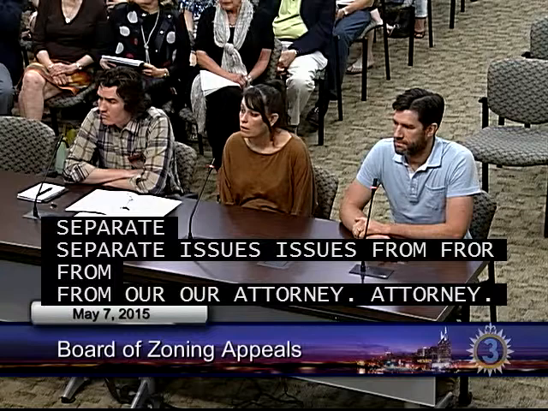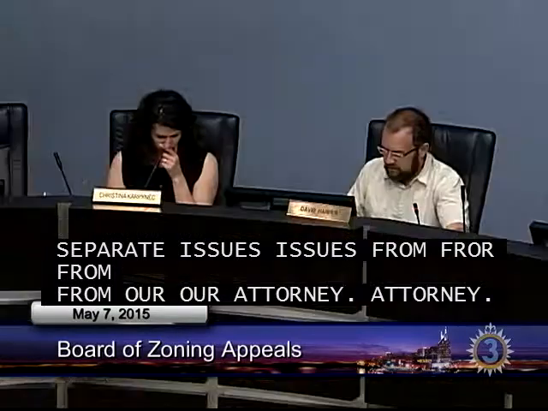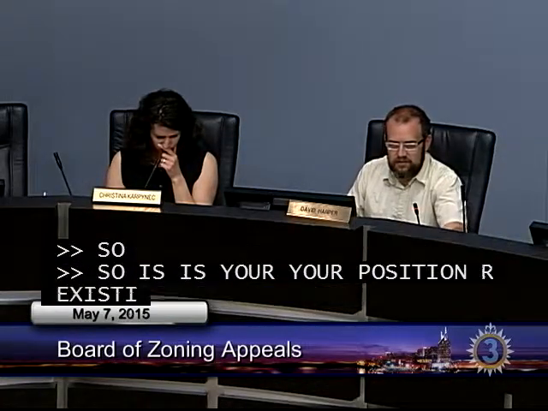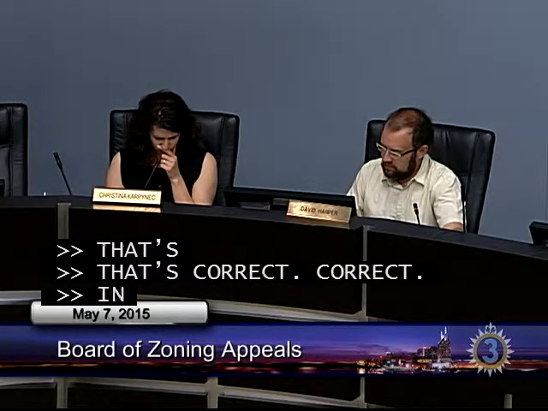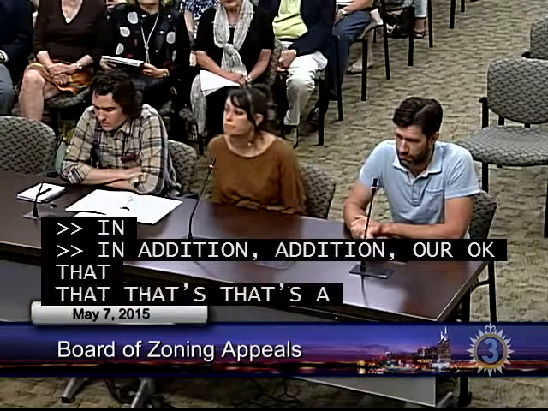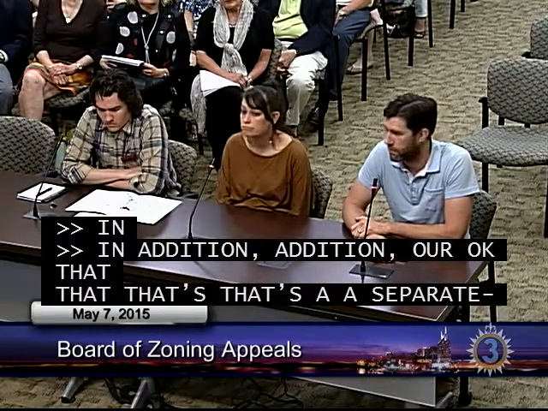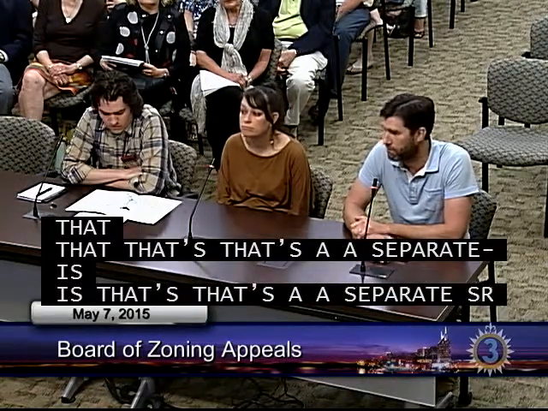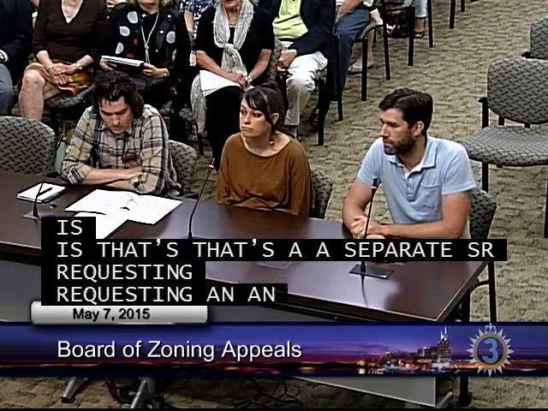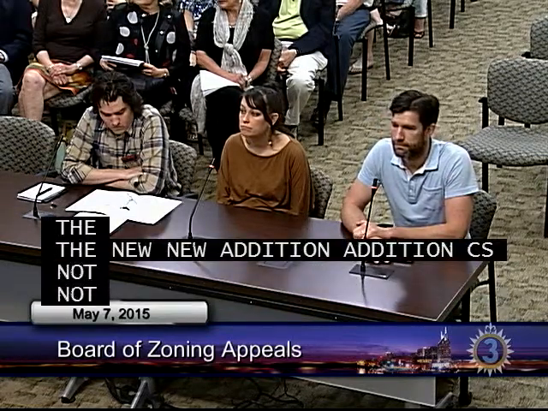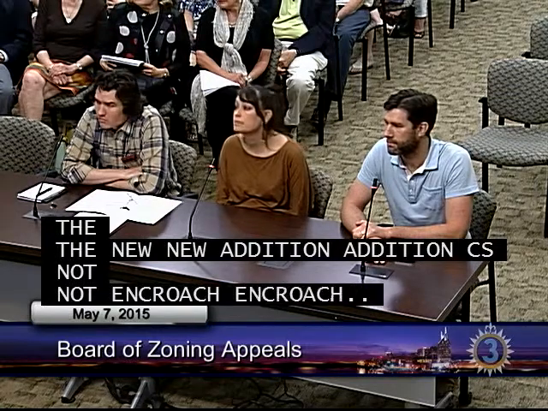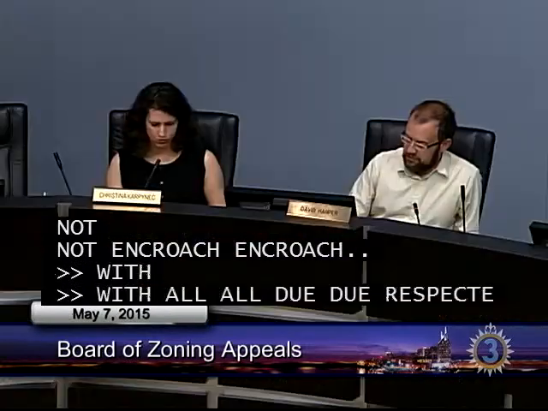So is your position that your existing structure does not encroach? That's correct. In addition, our position is that that's a separate issue to requesting an approval for the addition. The new addition clearly does not encroach. With all due respect, I have a hard time separating the two issues.